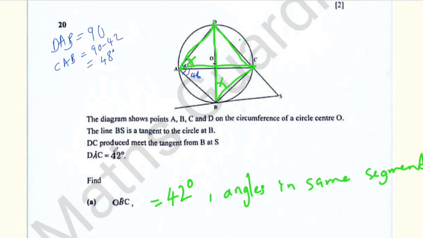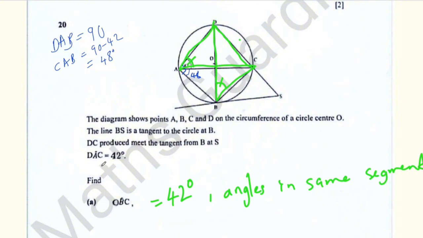So that angle there, OBC, which we said is 42, the other angle outside it, that small exterior angle of angle OBC, should be equal to 48 degrees because it is part of the 90-degree angle formed when the tangent meets the circle, and OB is a radius.